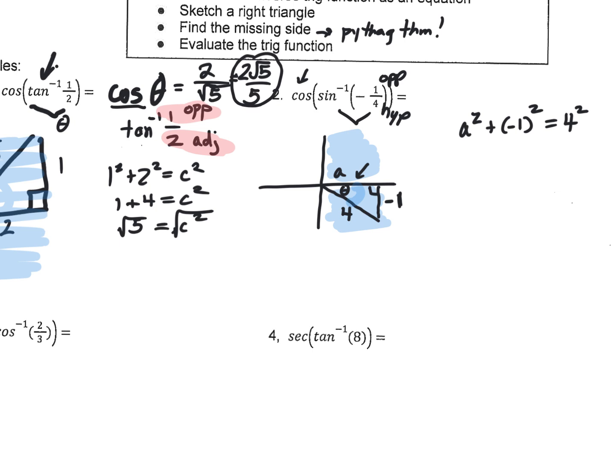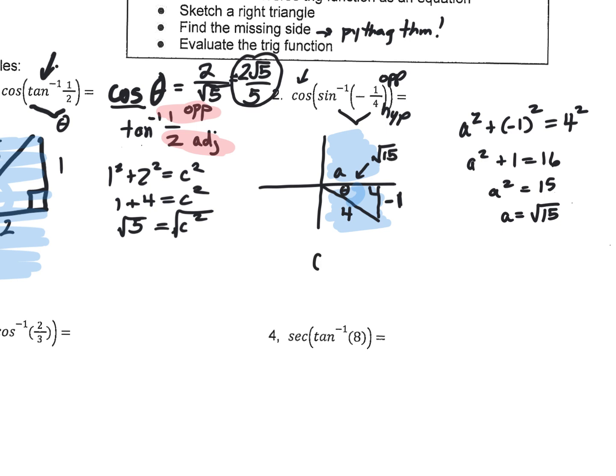And we always know the slanted side is the hypotenuse, right? So this is A squared plus 1 equals 16. So A squared equals what? So A is, so this guy right here is the square root of 15.